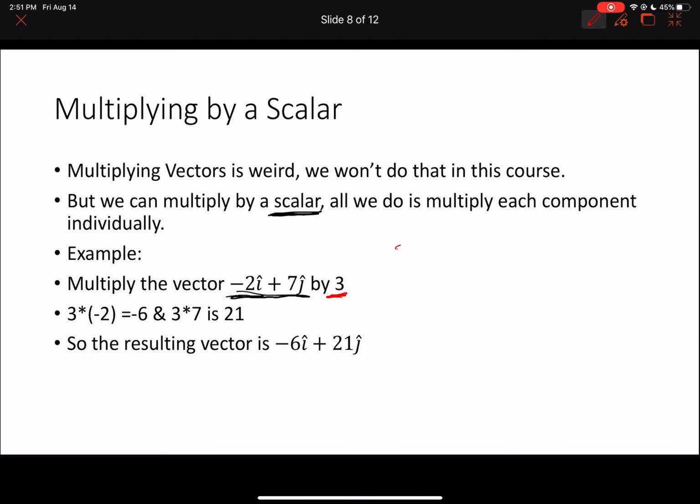And we would write that 3 times negative 2i hat plus 7j hat. And again, just like algebra, all we're doing is distributing the 3. We're multiplying each term times 3. So negative 2 times 3 is negative 6, and 3 times 7 is 21. And that's it. We're distributing the 3 to both items.